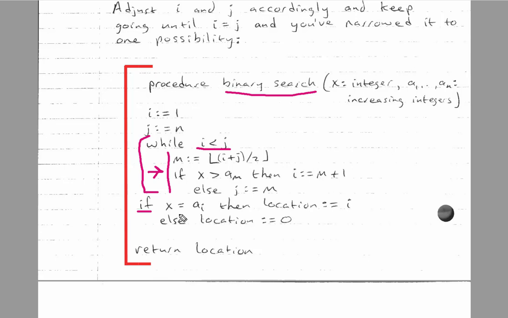Now all that's left to do is check: is the number that we're looking for equal to that a sub i? If it is, then we've found the number x at location i. But if it's not equal, then we're out of luck. x is not in the list, so we'll return 0 like before.